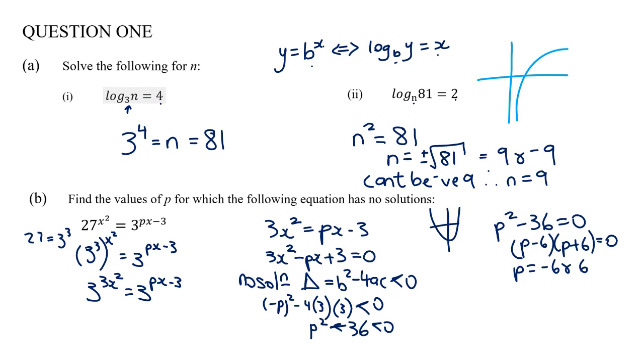So where this graph touches there is negative 6 and 6. So where is that graph less than 0? In between those 2 points. So you're saying p is less than negative 6. Sorry. p is greater than negative 6, but less than 6. Okay? Any questions with that stuff? Those are the first part.